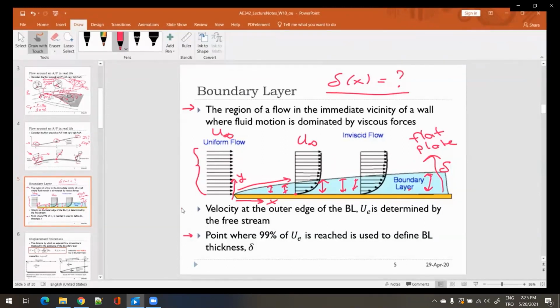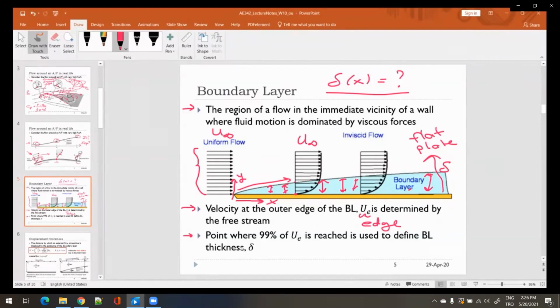Velocity at the outer edge of the boundary layer, just at the top boundary of the boundary layer, we call UE, the edge velocity.